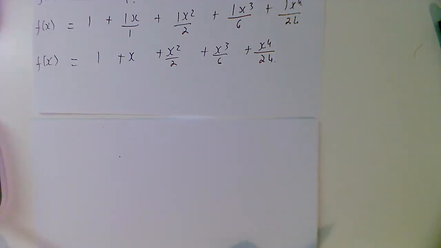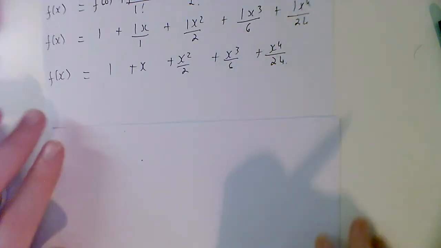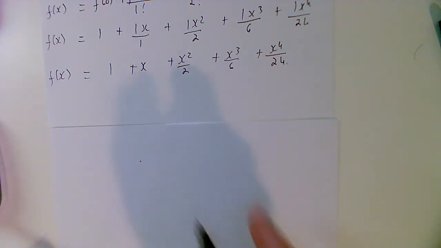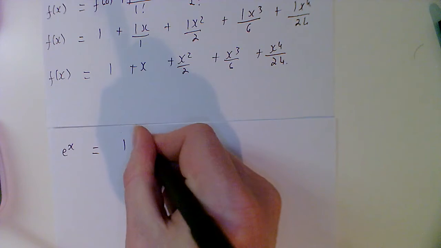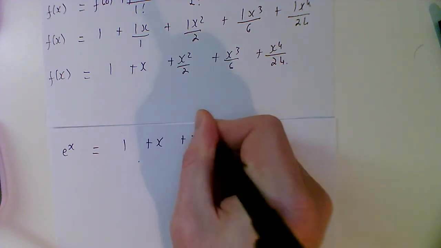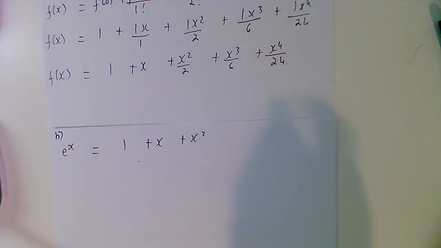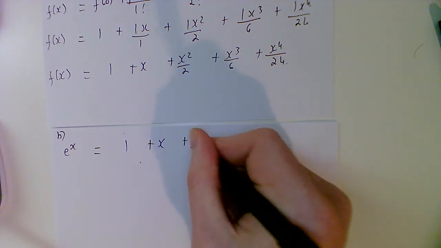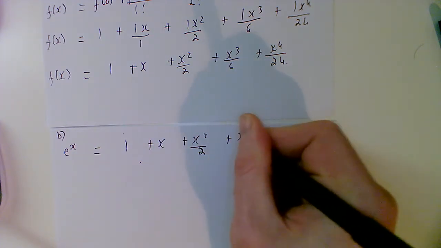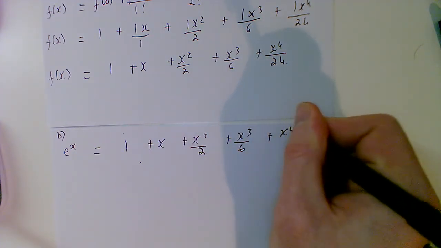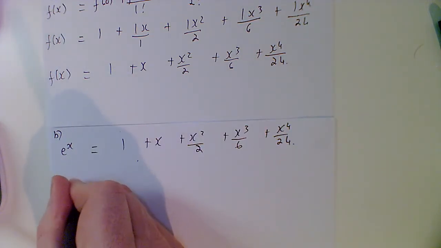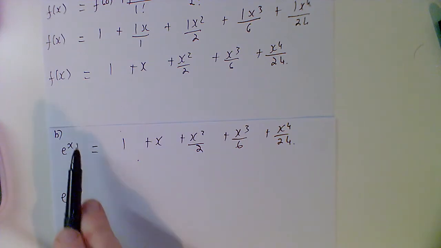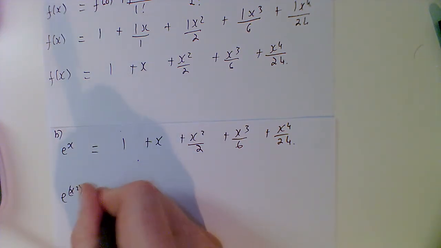Part B. Hence, find the Maclaurin expansion of f of x squared. Right, okay, so e to the power of x, we're saying is 1 plus x squared over 2 plus x cubed over 6 plus x to the power of 4 over 24. Right? So all I'm doing is, wherever I've got x, I'm going to swap it for x squared.